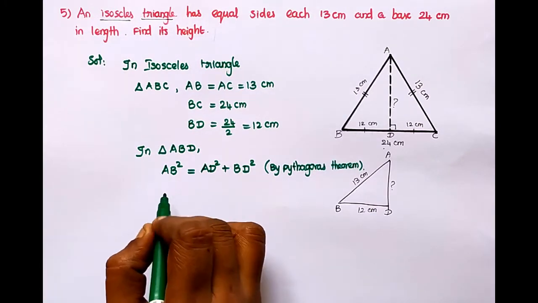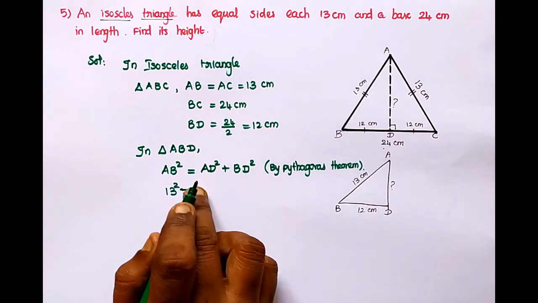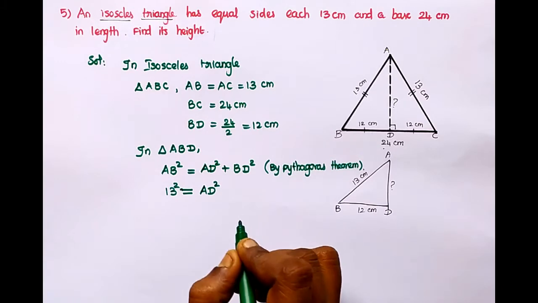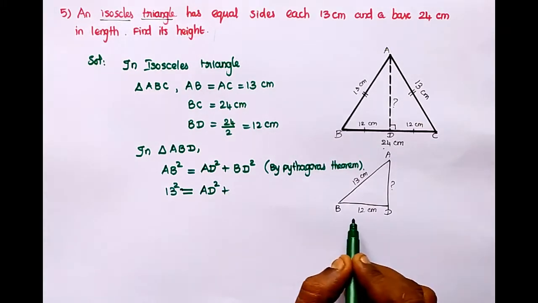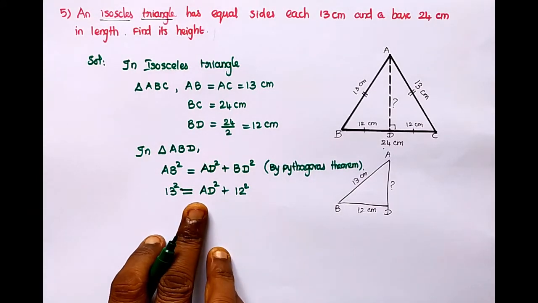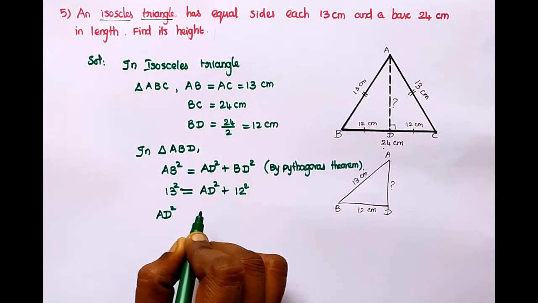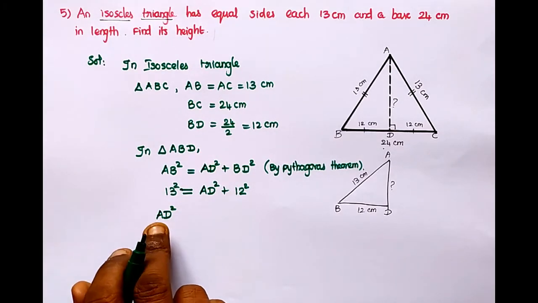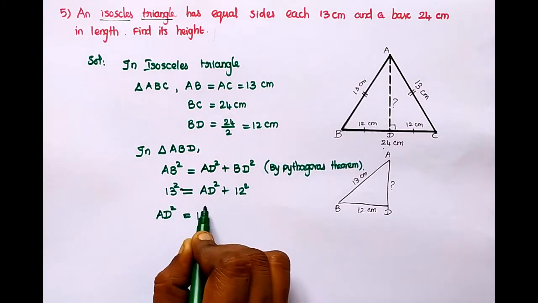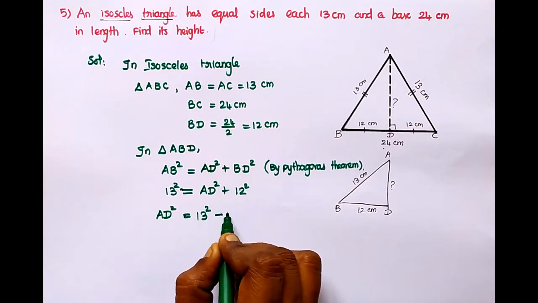AB squared equal to 13 squared equal to AD squared, we don't know, so write down as it is, plus BD squared equal to 12 squared. Now we don't know AD squared, so keep there. Change the LHS, RHS means we get this side AD squared equal to 13 squared, and bring the 12 squared to this side, it becomes minus 12 squared.